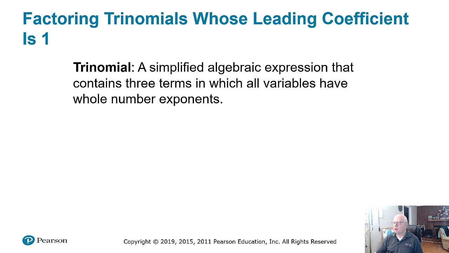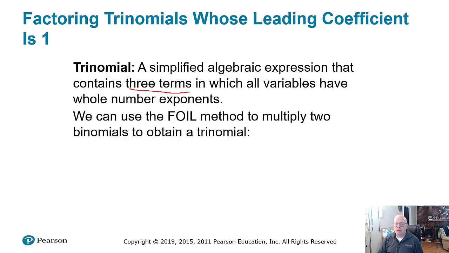Next, a trinomial. Well, if a binomial has two terms, a trinomial has 3 terms. Now it says you can use the FOIL method to multiply two binomials. What you obtain is typically a trinomial. Not always, but in the easier cases, yes, a trinomial.